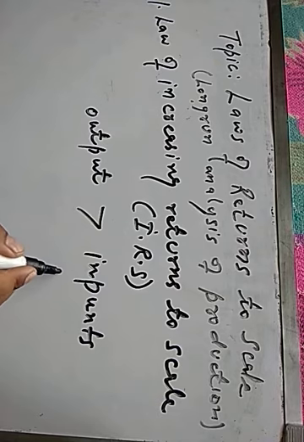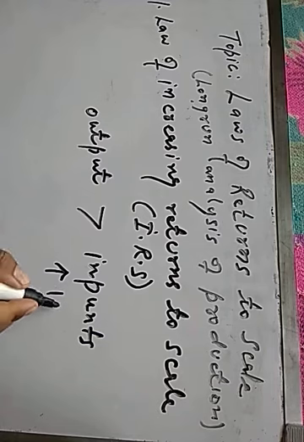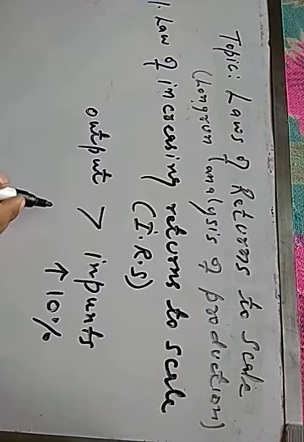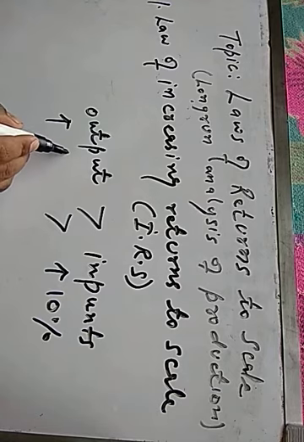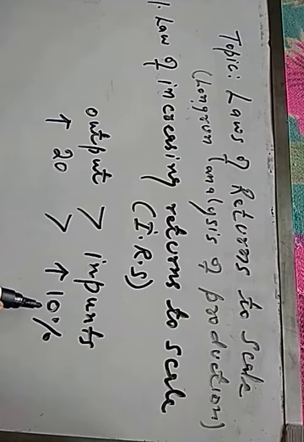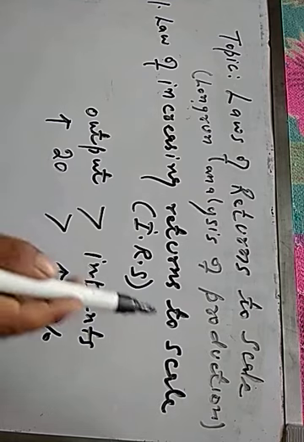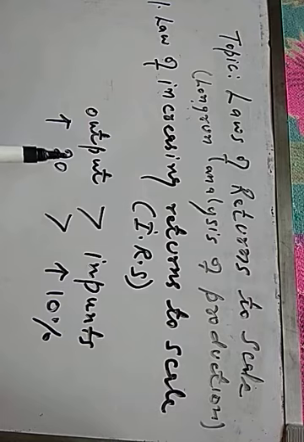If we increase the inputs by 10%, the output will increase by more than 10%, say by 20%. More than 10% means 15%, 20%, 30%, and so on. In simple words, you have to remember that in case of increasing returns to scale, the output increases more than the increase in inputs.